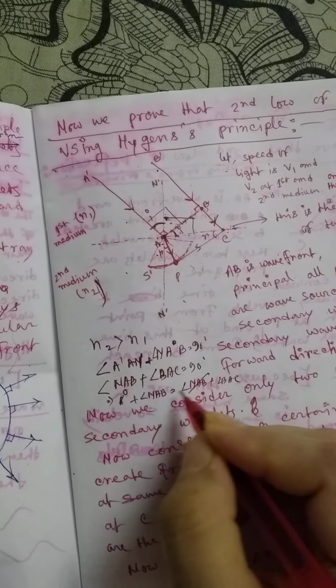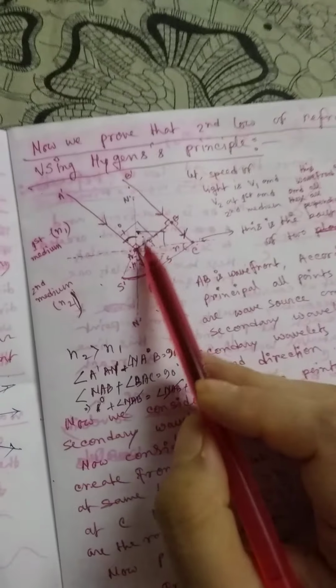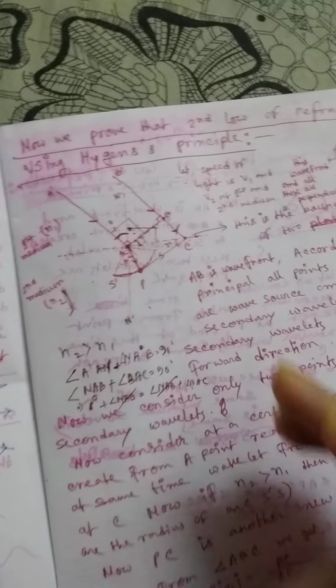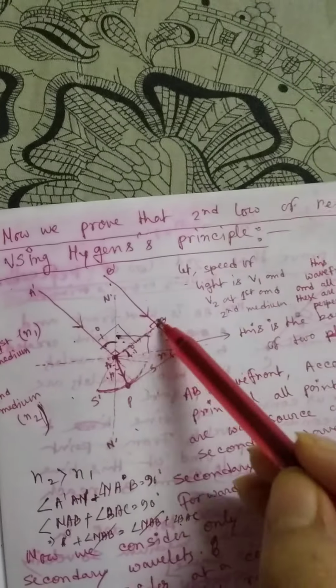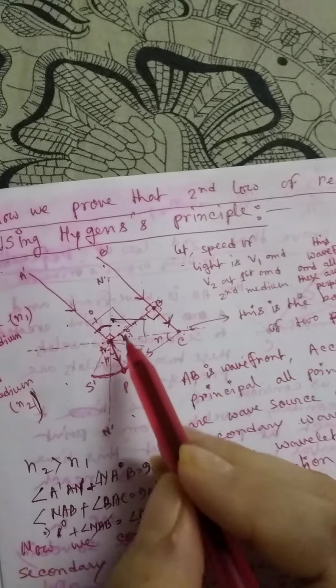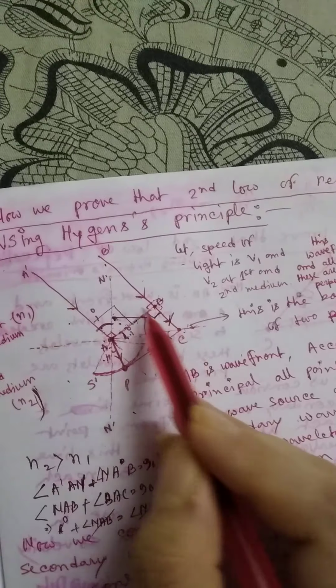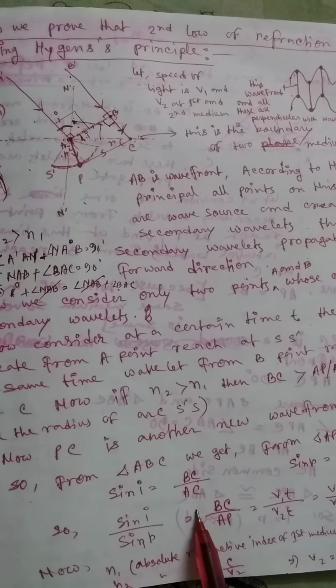So just look at it, these two angles cancel each other. That means BAC equals also I. So from this triangle, this is a right angle triangle, right? Because this angle is 90 degree. So sine I equals what? Sine I equals BC by AC.